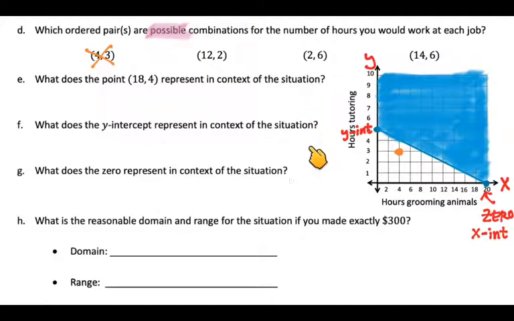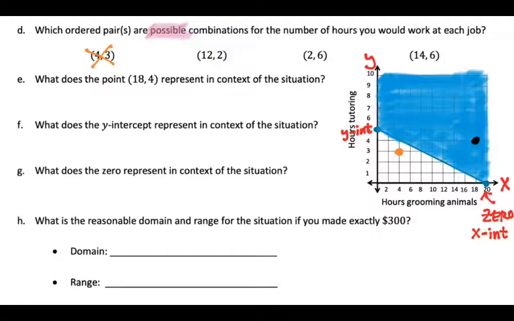For the second one, E, it says, what does the point (18, 4) represent in the context of the solution? So we need to find (18, 4). Here's 18, and if I go up 4 units, we could put a point here on the graph. I'll do that in a different color, (18, 4). So that is a solution.